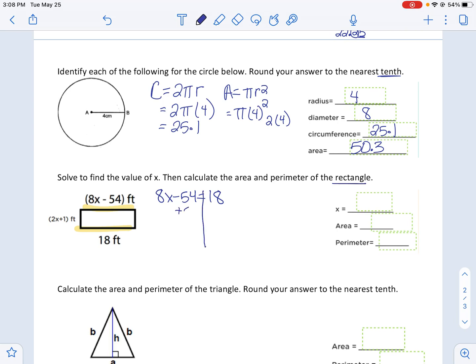I'm going to add 54 to both sides. Okay, so when I do that, I get 8x is equal to 72. Then I'm going to divide both sides by 8, and x equals 9.